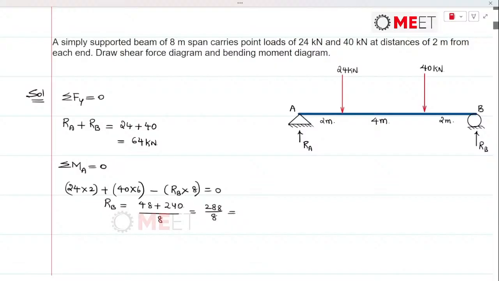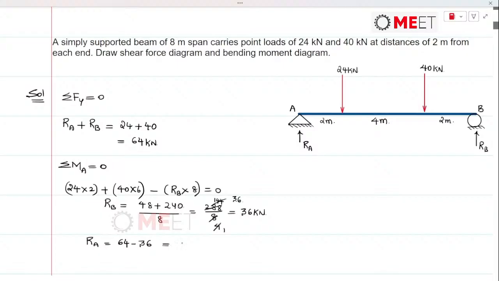So dividing 288 by 8 gives 36 kilonewtons, that is RB, and RA will be equal to 64 minus 36 kilonewtons.